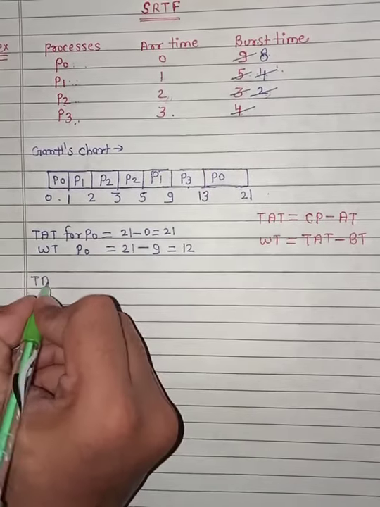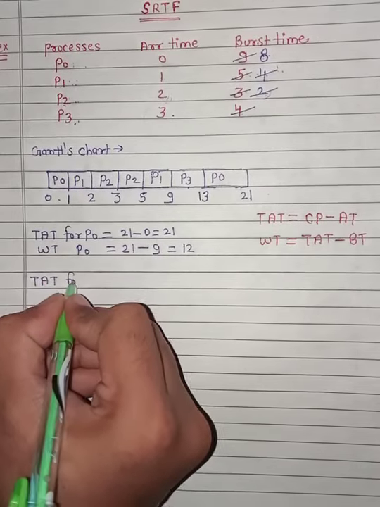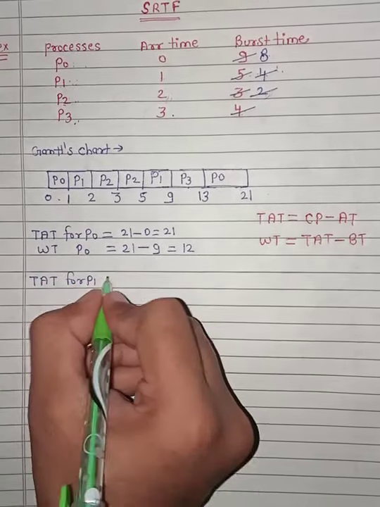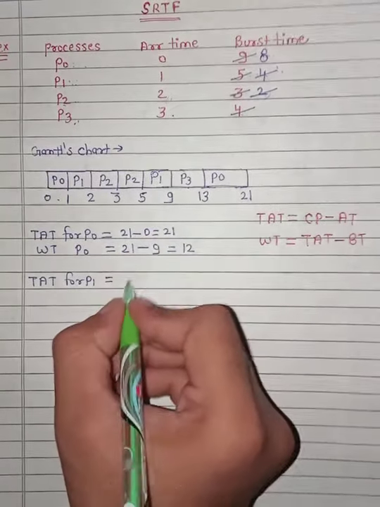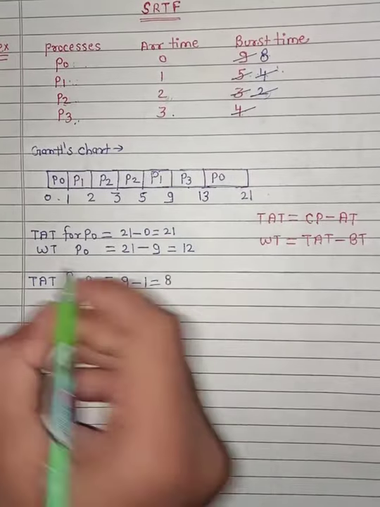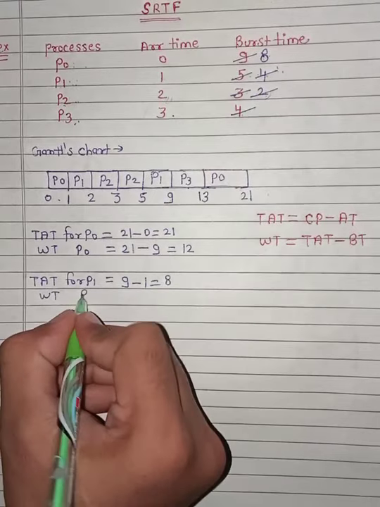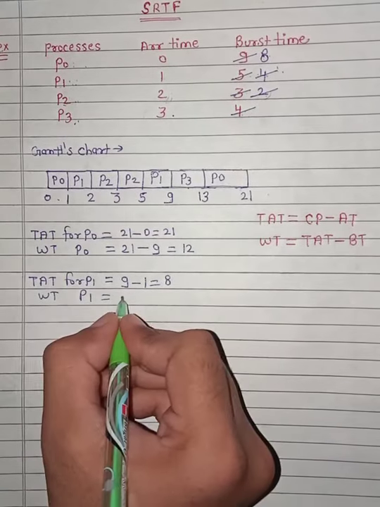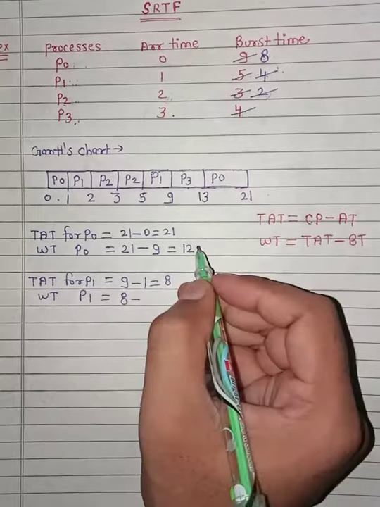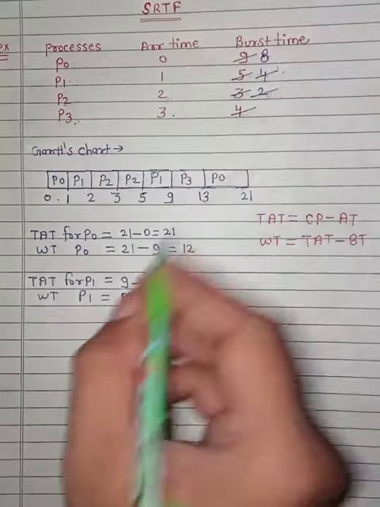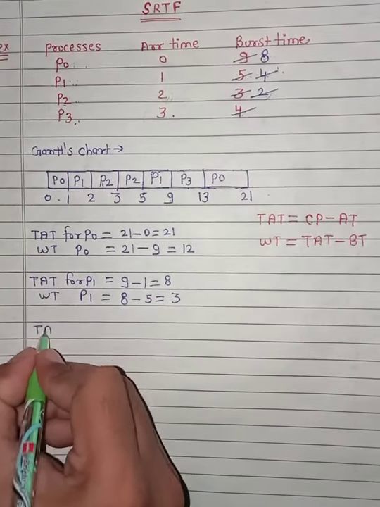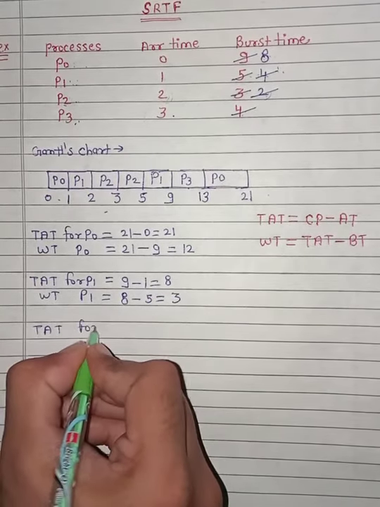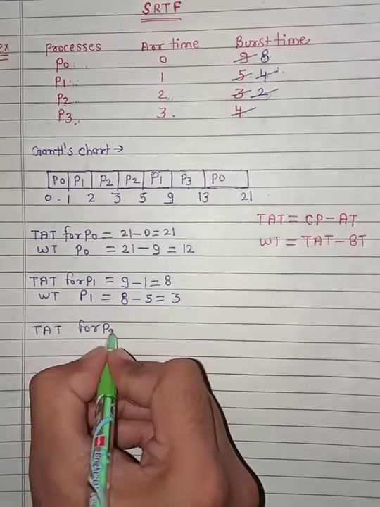Okay, now turnaround time for process P1. The completion time of P1 is 9 minus arrival time 1, and waiting time for P1 is turnaround time minus burst time 5. Now turnaround time for P2.